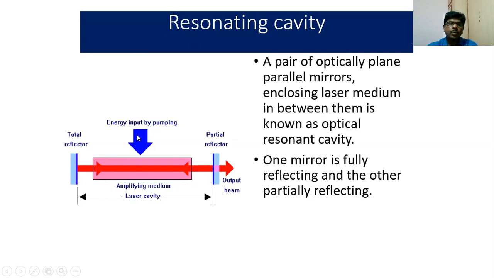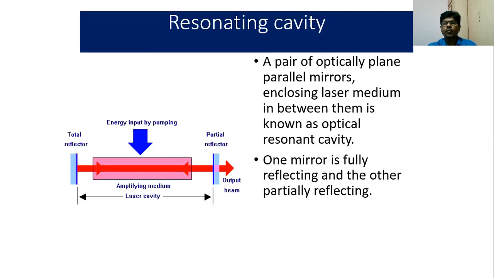When energy is given to the system, photons are generated by the process of stimulated emission. These photons will keep moving towards the totally reflecting mirror and towards the partially reflecting mirror. They'll keep going up and down, and in this process, amplification of photons will take place.